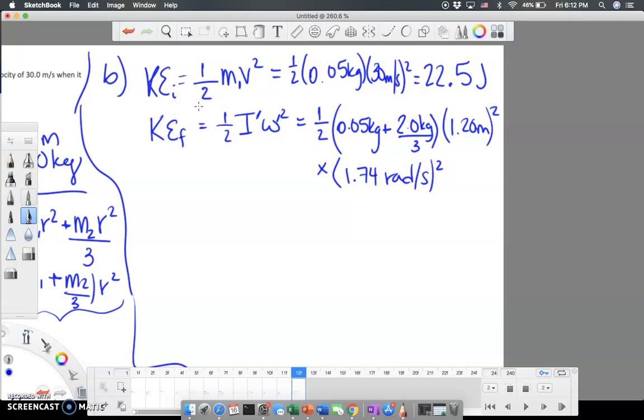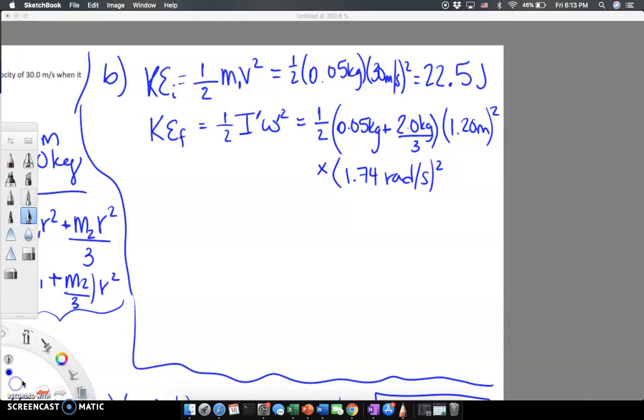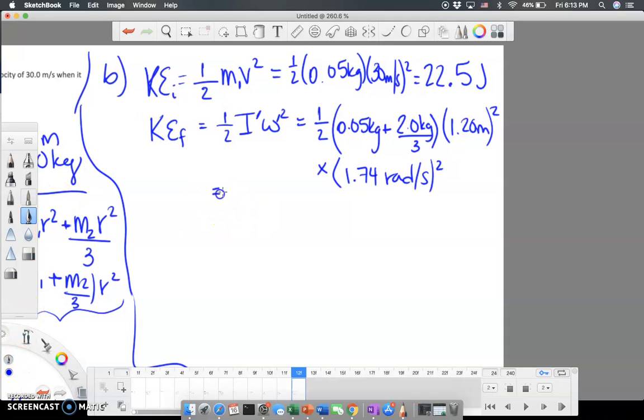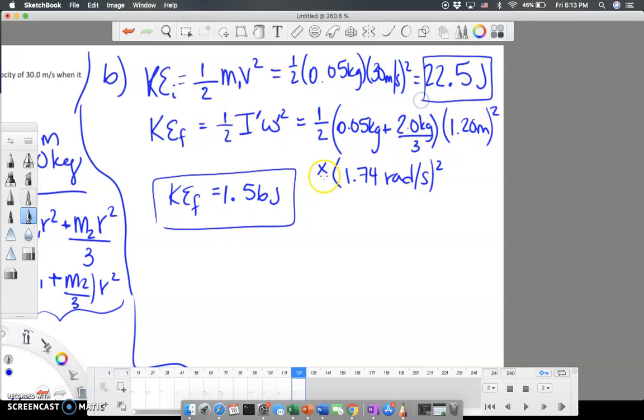Let me make sure that is correct. Give me 1 second here. Okay, and I get my kinetic energy after the collision is 1.56 joules. So that is my kinetic energy before and after my collision.